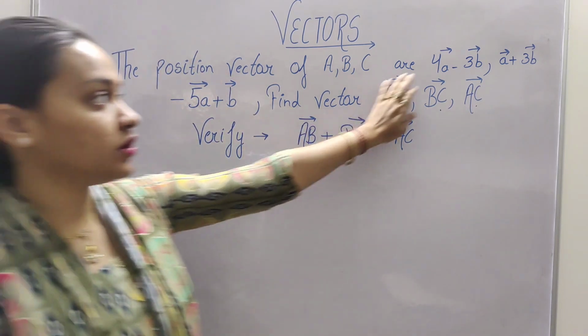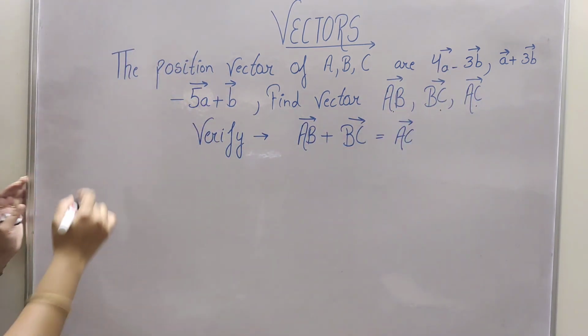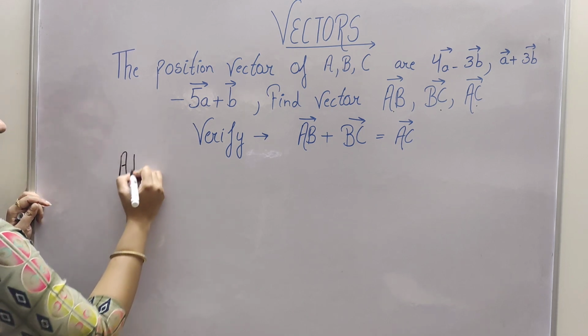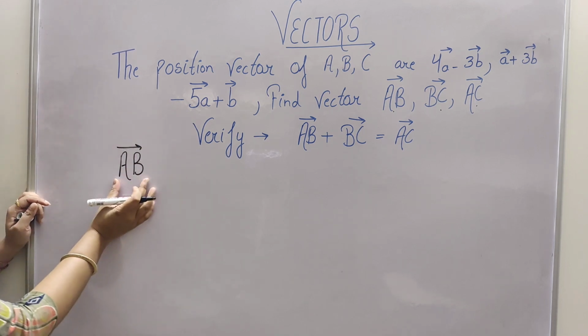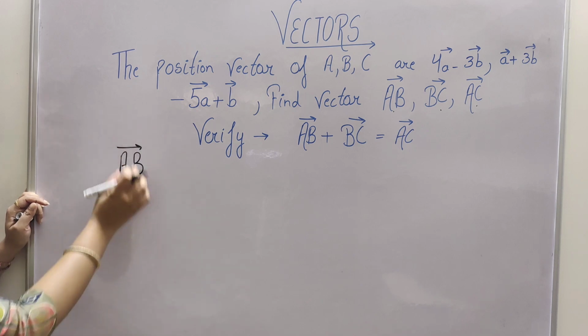So what you are going to do if this type of question appears in your boards: you first of all have to write the AB vector. So how are you going to solve the AB vector?